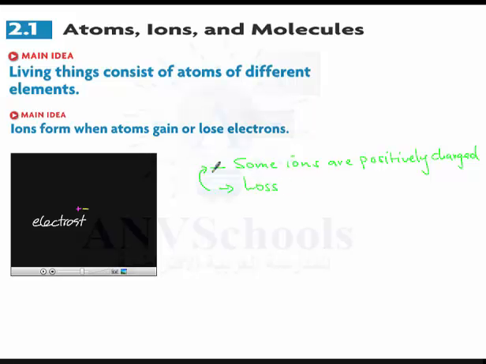So the atom which lost the electron will form a positively charged ion.